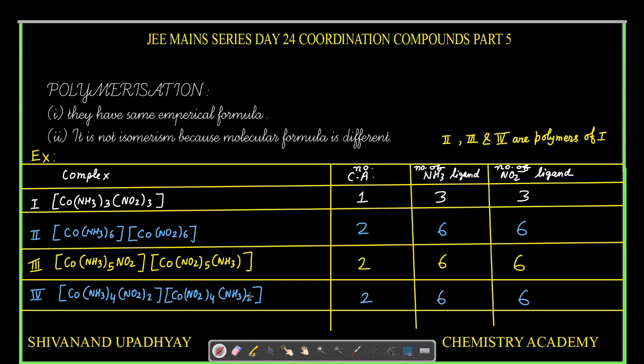And this is also coordination isomerism. But we can say that the second, third, and fourth are polymers of the first, right? So this is known as polymerization. This is also very common, so be careful about that. The second, third and fourth are coordination isomers of each other, but the second, third, and fourth are polymers of the first one, right? So that is the point.